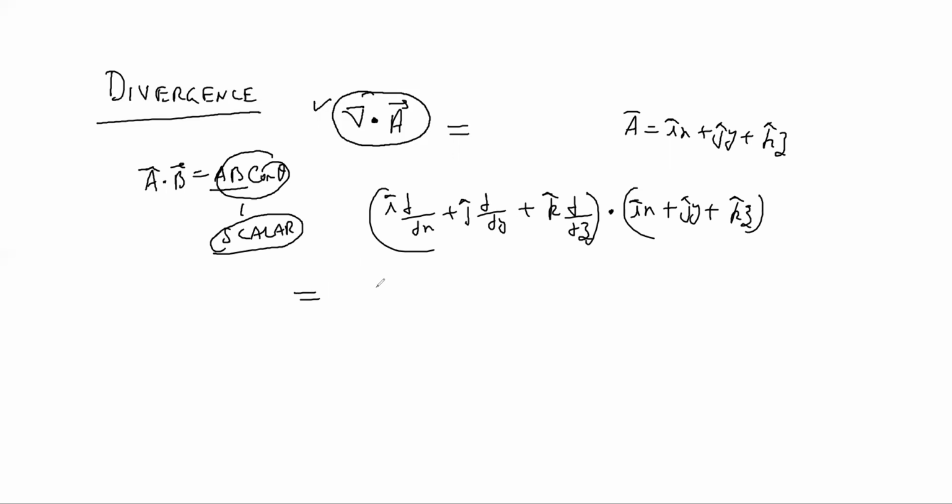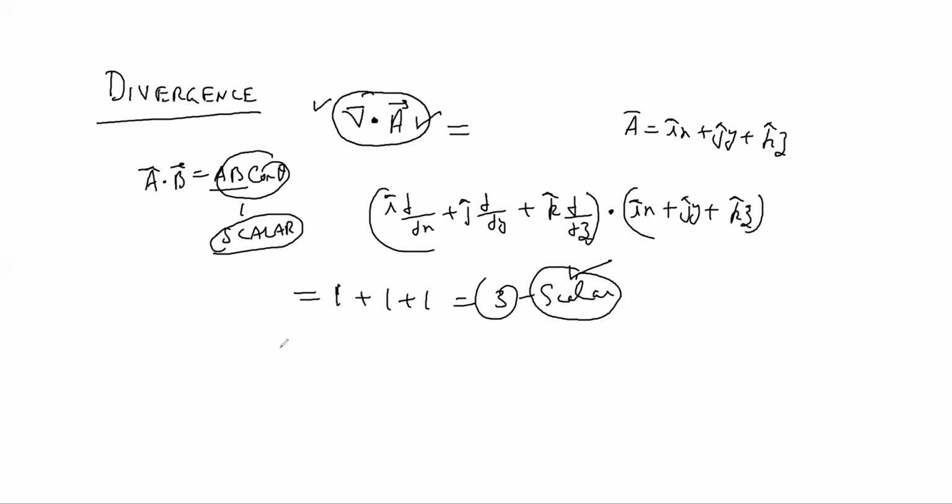You will get i dot i, so this will be 1 plus 1 plus 1, so 3. Now 3 is a scalar. Whenever there is an operation of del with dot product on a vector field, we will get a scalar field.